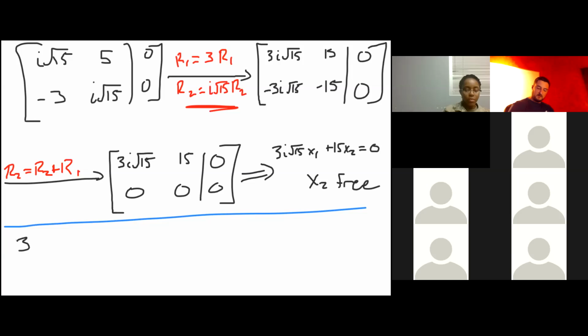So I'd have 3i square root of 15 times x1 equal to negative 15 x2. And then to get x1 by itself, I need to divide by this 3i square root of 15.